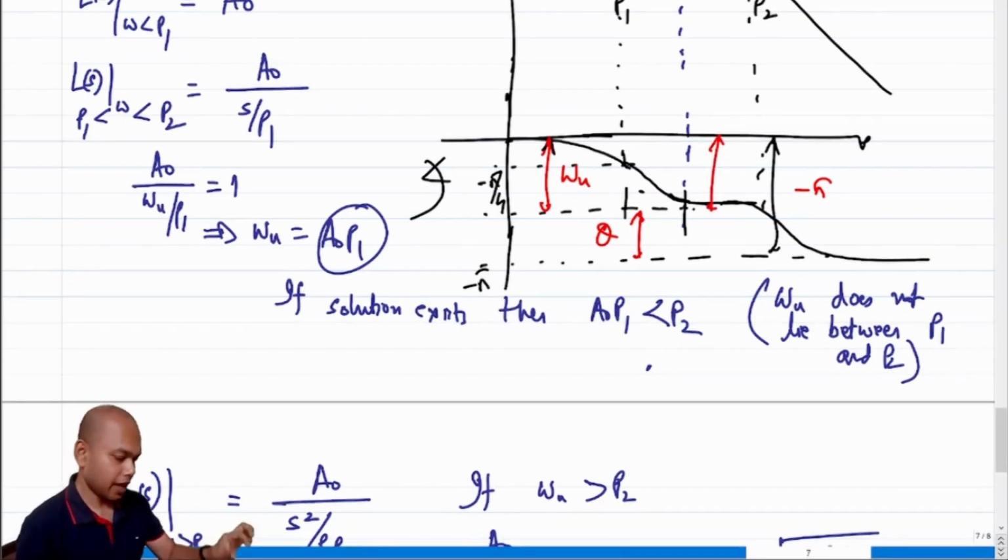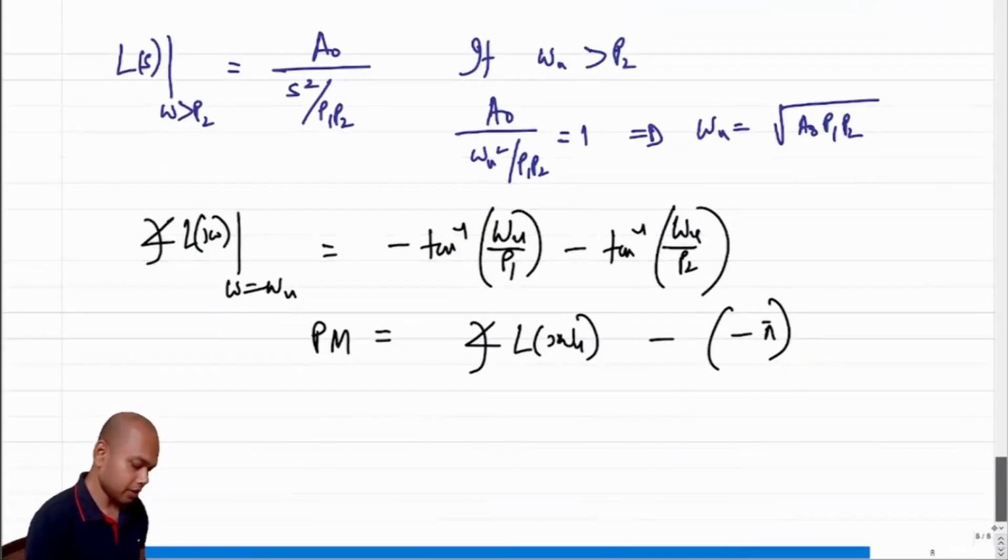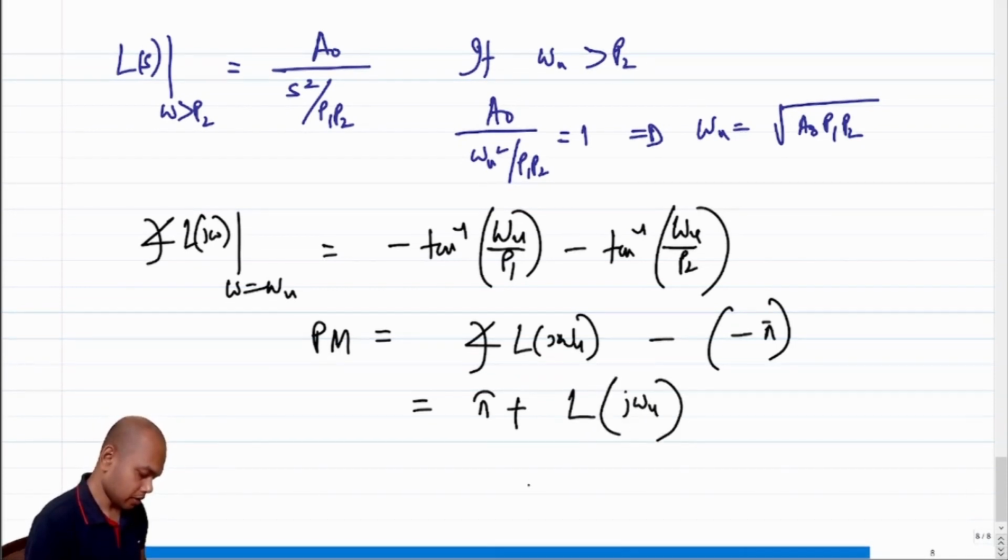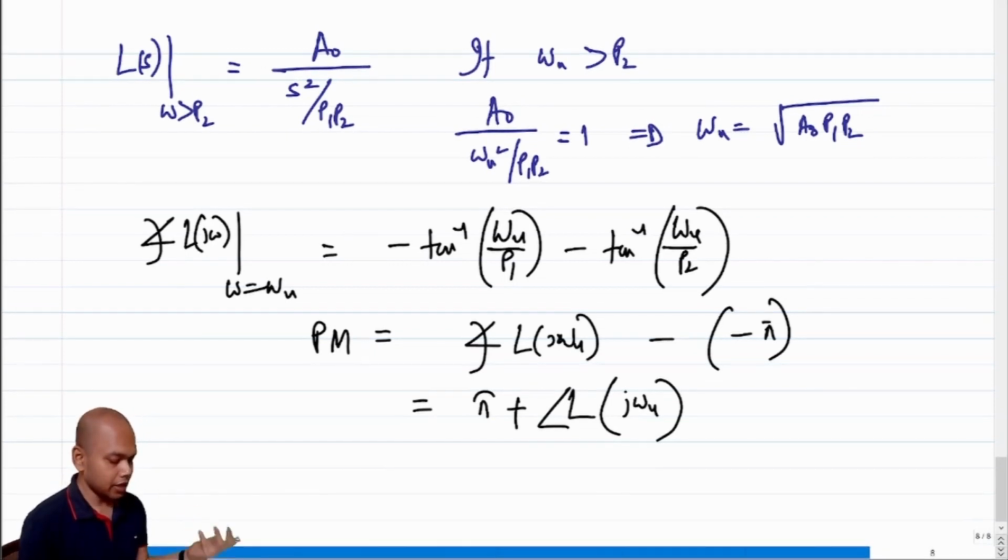So the angle minus of minus pi is your margin. Essentially the margin that we have is pi plus the angle of the loop gain at the unity gain frequency, right? If we can ensure this, then we are good.